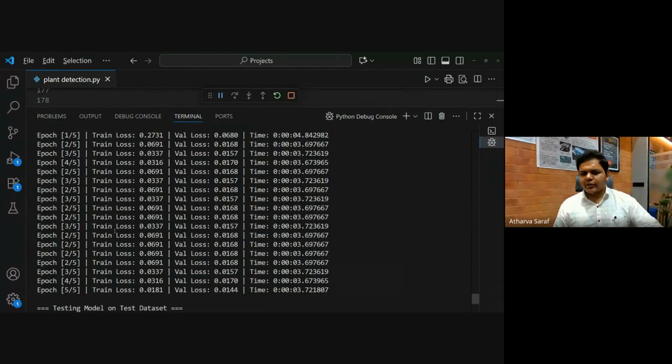The validation loss should not reach more than 5 to 6 percent, and as you can see, what we are getting is 0.01, which is also very small to have any effect on our whole prediction.